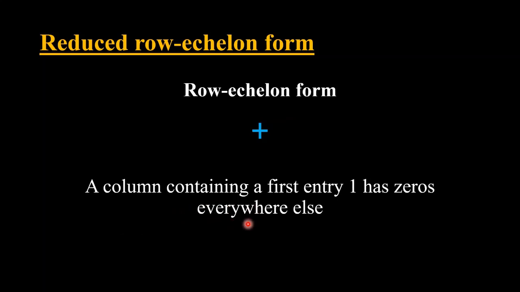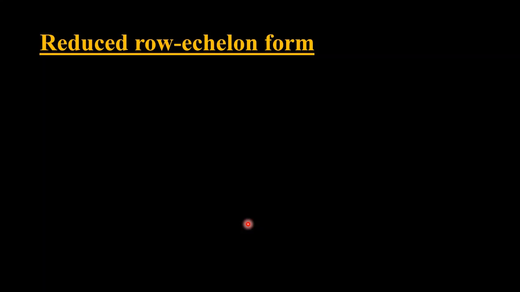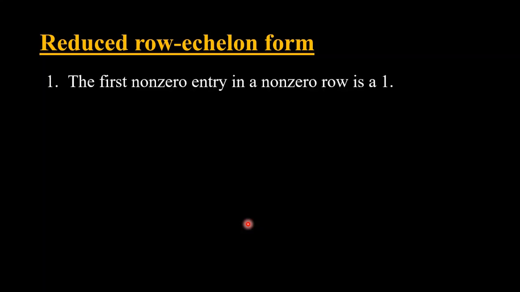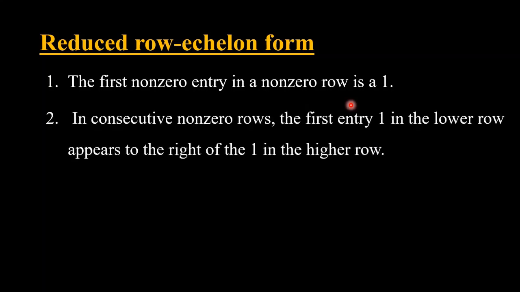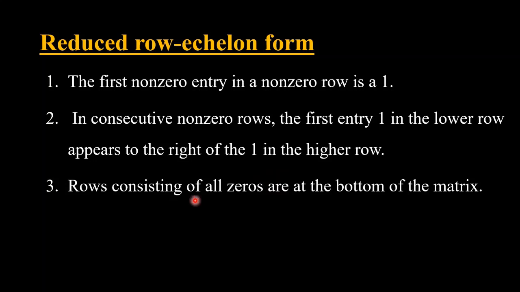In row echelon form, the first non-zero entry in a non-zero row is 1. Then in consecutive non-zero rows, the first entry 1 in the lower row appears to the right of the 1 in the higher row. Third, rows consisting of all zeros are at the bottom of the matrix.